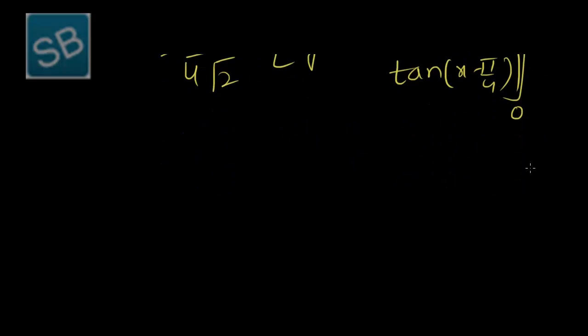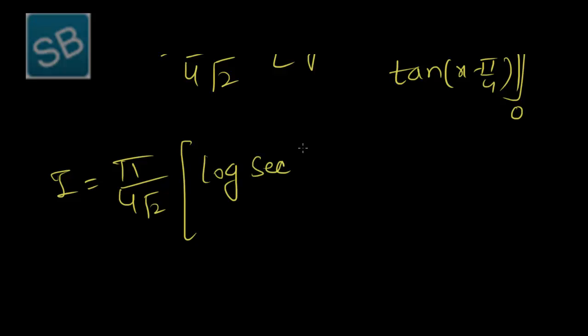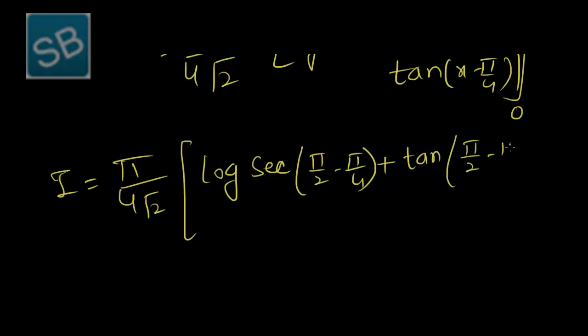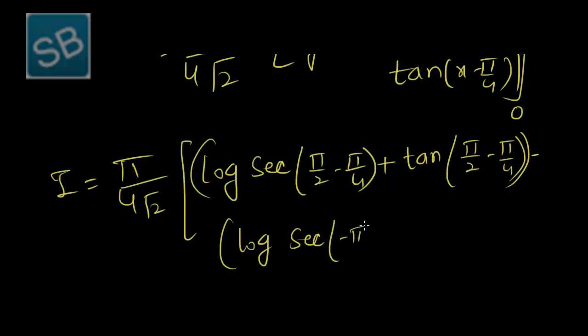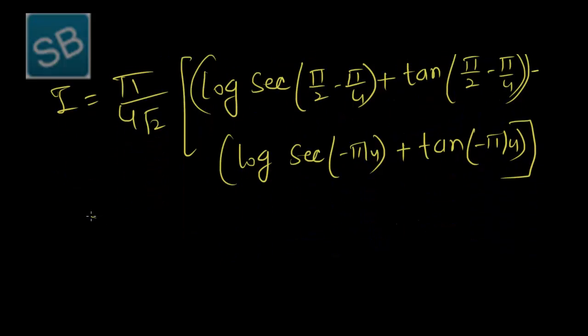So we get I is equal to pi over 4 root 2 times log of secant pi by 2 minus pi by 4 plus tan pi by 2 minus pi by 4, minus log of secant minus pi by 4 plus tan of minus pi by 4, by substituting 0 and pi by 2, that is f of b minus f of a, by using the fundamental rule of integration.